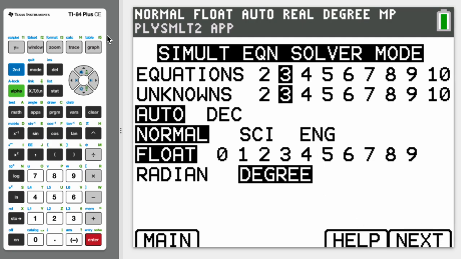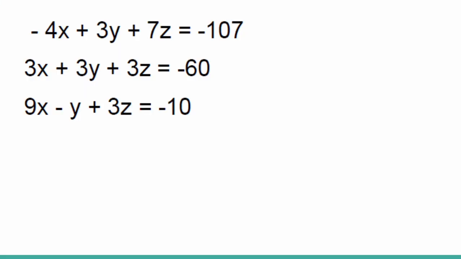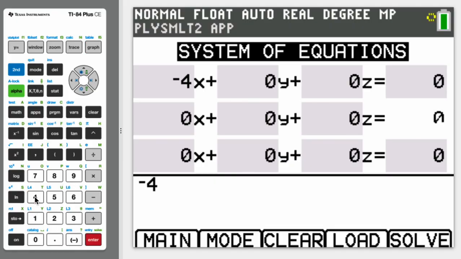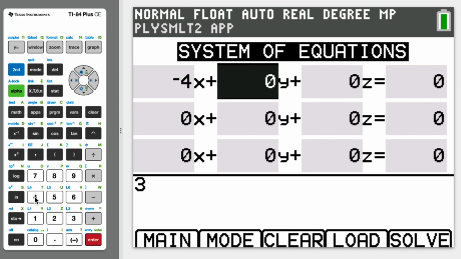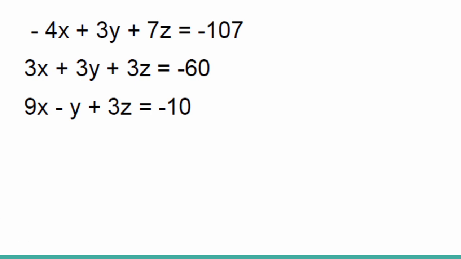Click Next, which is Graph, and then we're going to type these equations in. So -4, 3, 7. So -4, 3, and 7. And that was equal to -107.